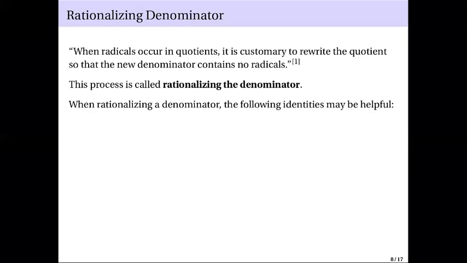When rationalizing a denominator, the following identities may be helpful. You have this, a minus b. You can write it as square root of a plus square root of b times square root of a minus square root of b. If you look at this, it is like the formula for the difference of two squares. In fact, it is. Why?